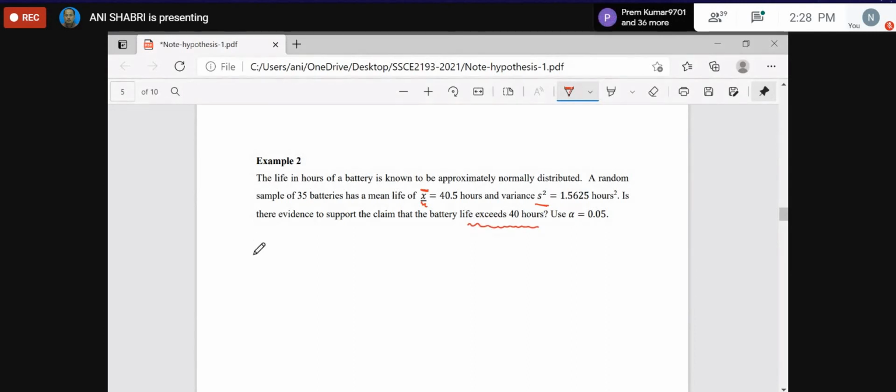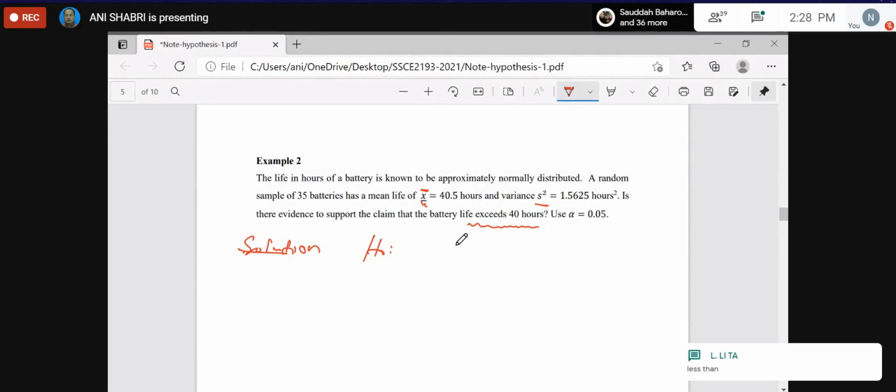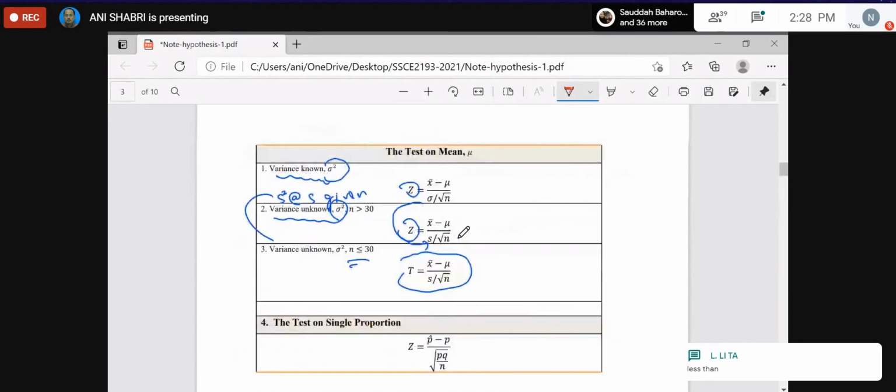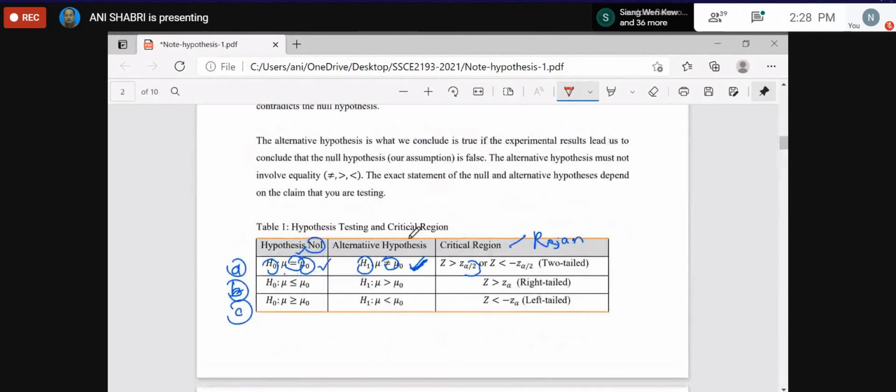Okay, number one, the solution. What is the hypothesis? Which one, number A, number B, or number C?